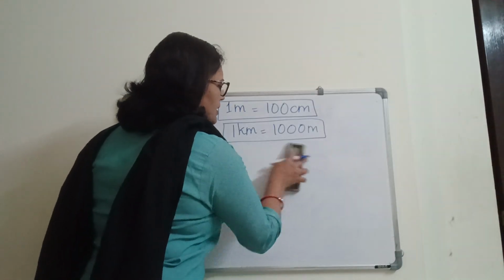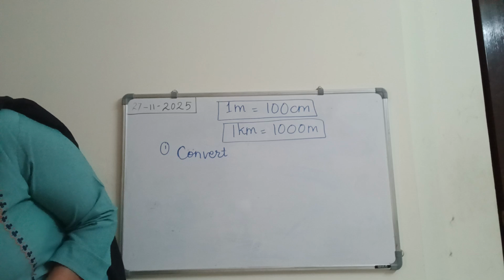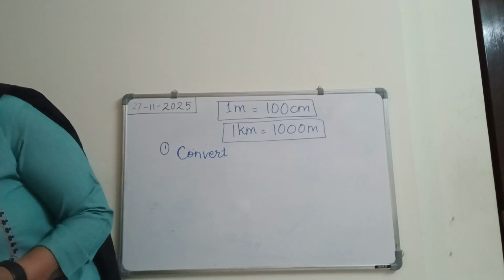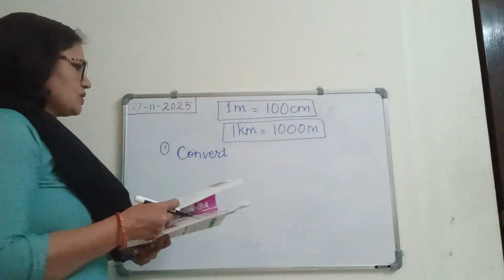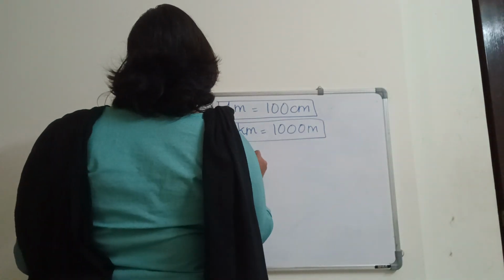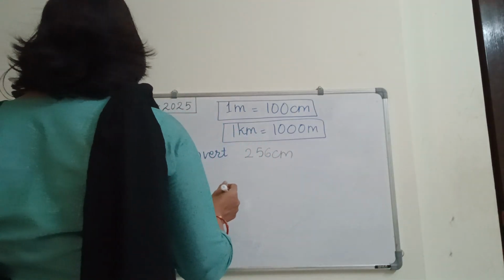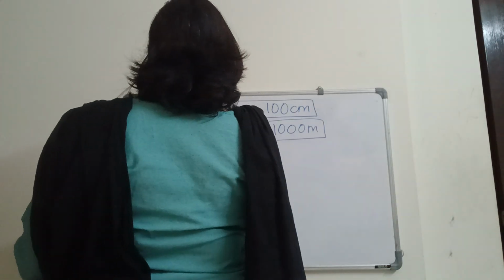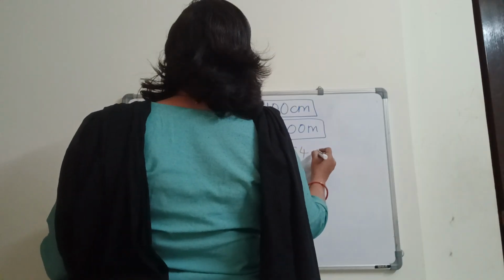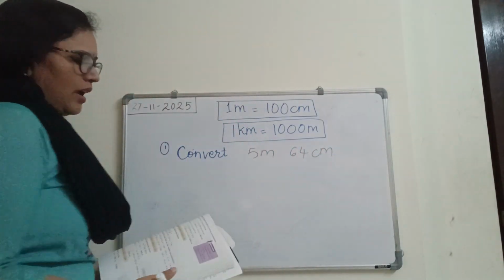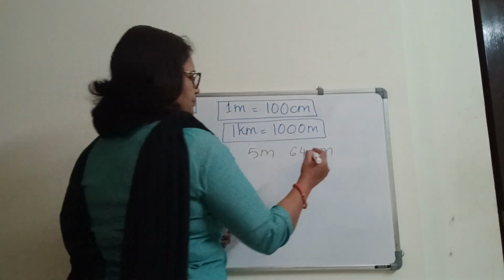For example, suppose the sum is given that 256 centimeter, 5 meter 64 centimeter, and you have to convert it into centimeter only.